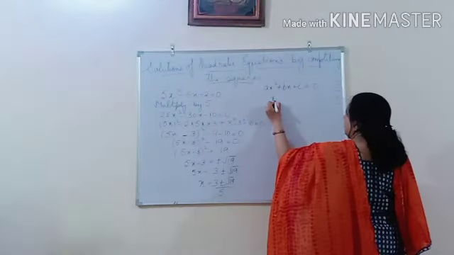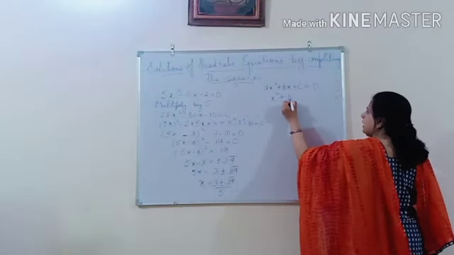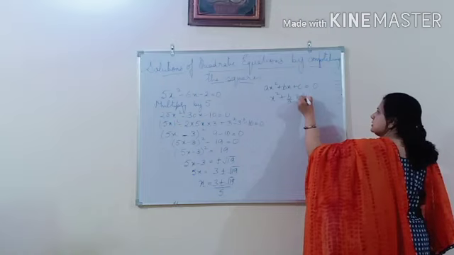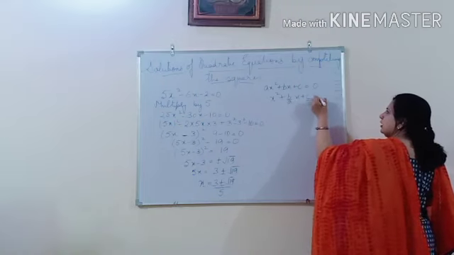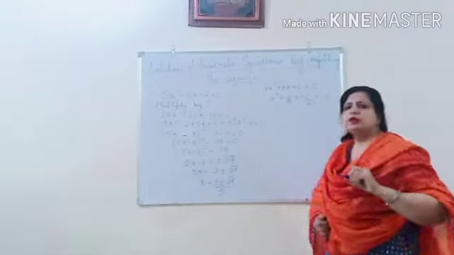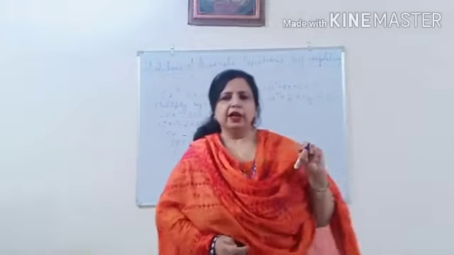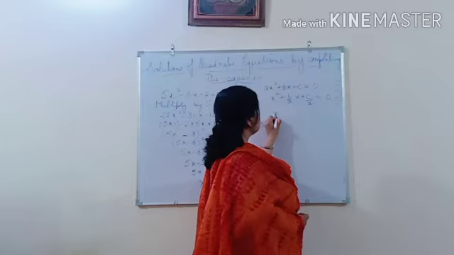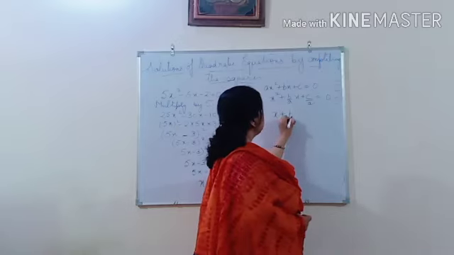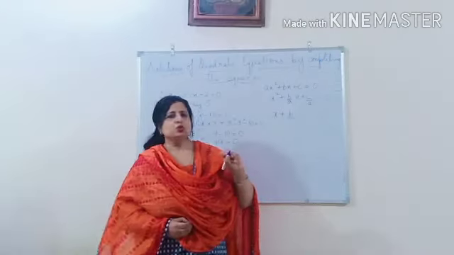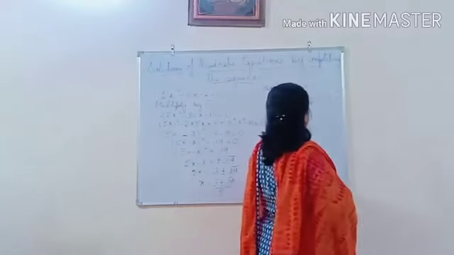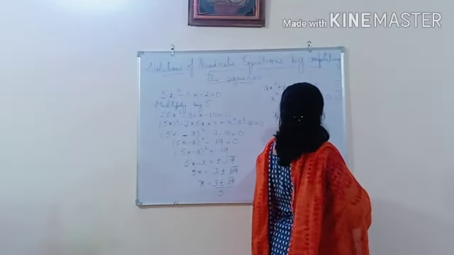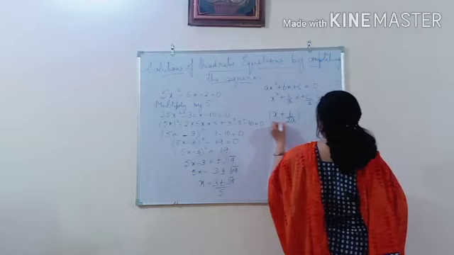So we have x square plus b by a x plus c by a equal to 0. Now let us write it as x plus b by 2a whole square.